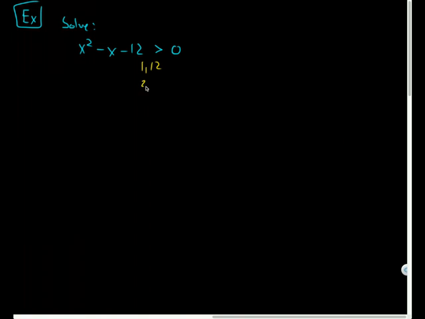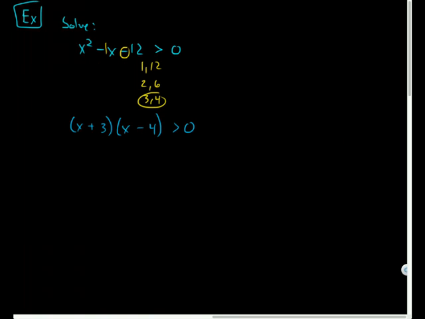Let's see. 1 and 12, 2 and 6, 3 and 4. Which of these subtract to be the b, the 1? 3 and 4. So I'll have an x with a 3, an x with a 4, greater than 0. And let's see, they multiply to be negative, so their signs are different. And they add to be negative, so the more influential number must have been negative.